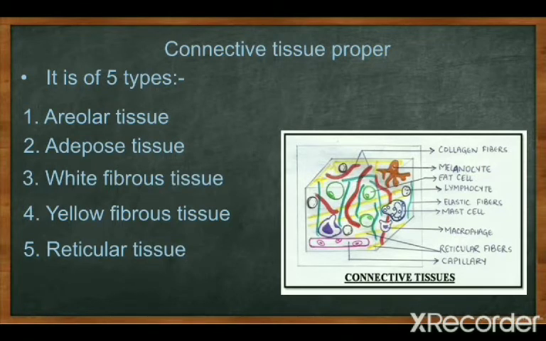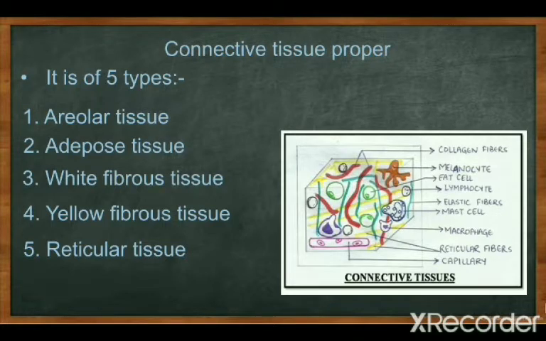Areolar: the name suggests air, it means it fills the gap in between the bone and the muscle. This tissue is present in between the bone and the muscle and helps in filling it. This is the basic and most abundant tissue of connective tissue.